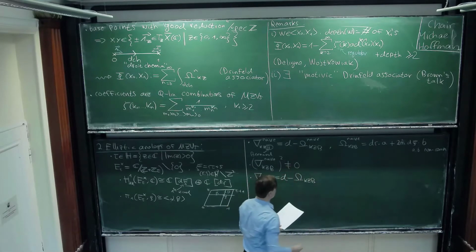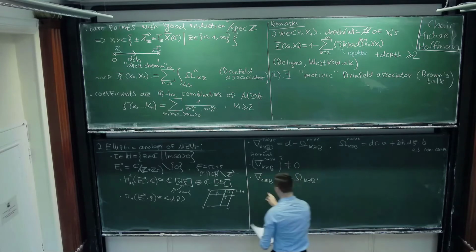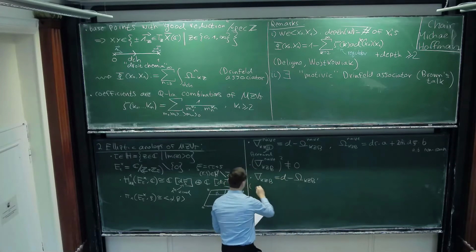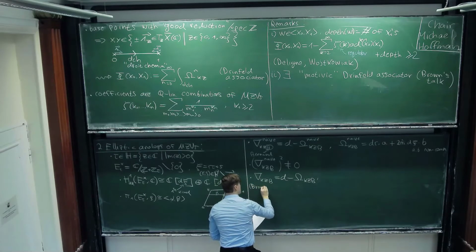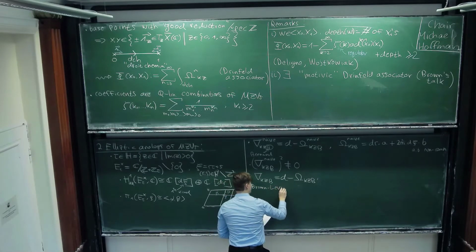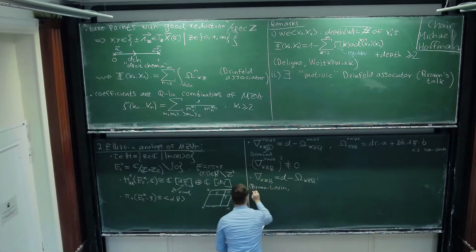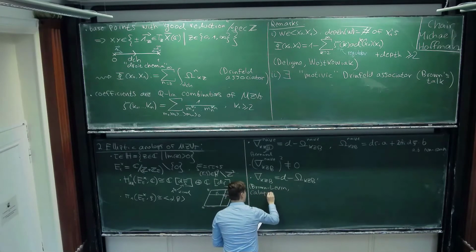And what I will do is, so yeah, I should maybe say before I go on, I have to state my intellectual debt here. Many people have worked on this. Brown and Levin never really use explicitly the term KZB connection, but it's somewhat implicit there. There's Calaque, Enriquez and Etingof.